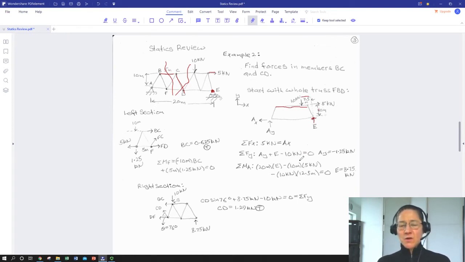We plug those into our moment equation, solve for E, and then back solve, get our vertical support force at A and our horizontal support force at A as well. We take those horizontal and vertical supports for point A, and we use them in our left section.